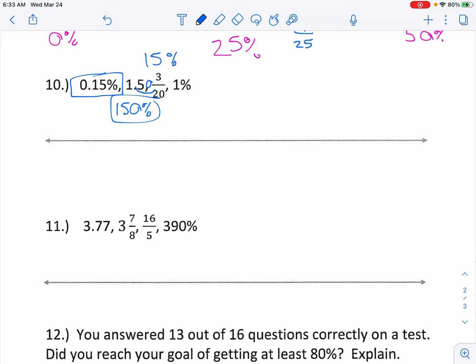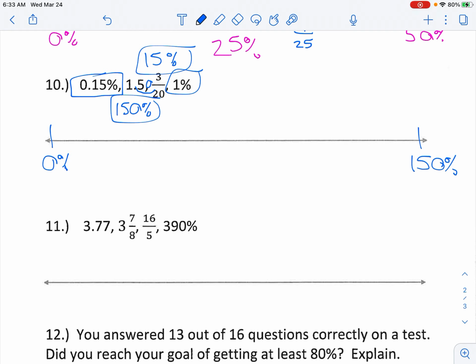I'm going to write that one up here. And I've got 1%. Okay, so now our numbers are going between 0 and 150%. So we're going to have a wide range of numbers.